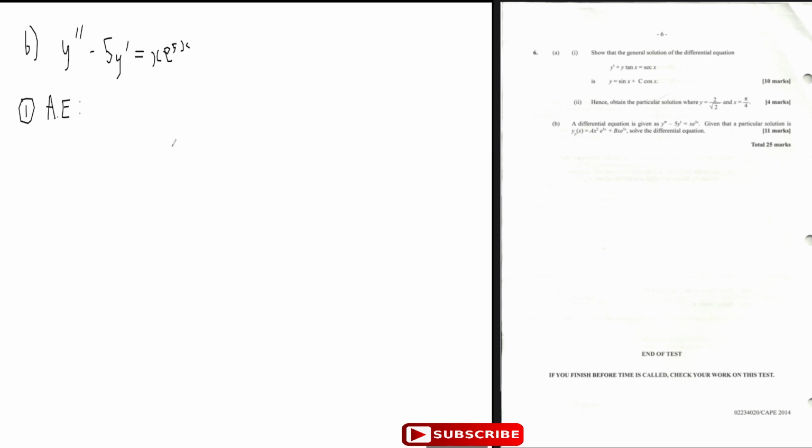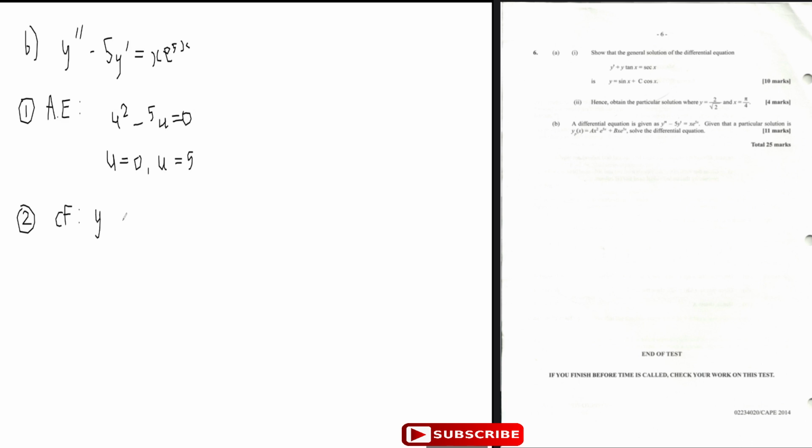So the auxiliary equation will be, I like to call it u squared minus 5u, and that is equal to 0. So if we're solving this, this is going to tell us that u is equal to 0 or u is equal to 5. Once you get the roots of the auxiliary equation, step 2, that allows you to find the complementary function. Generally you see people call it yc.